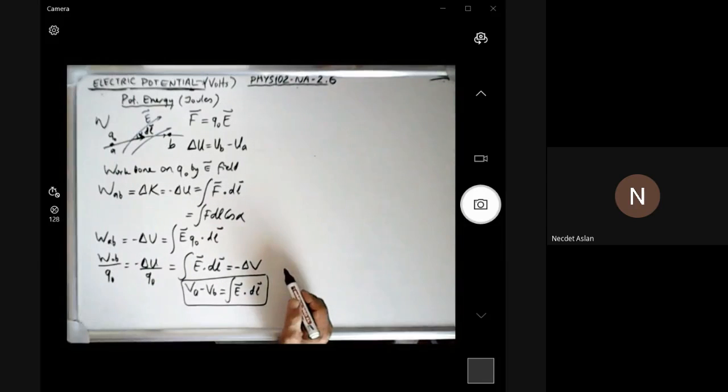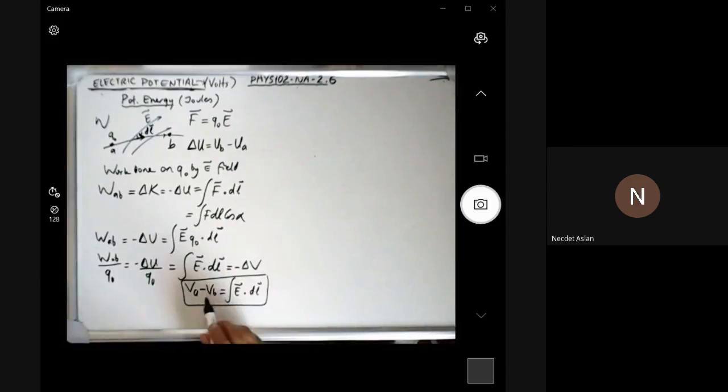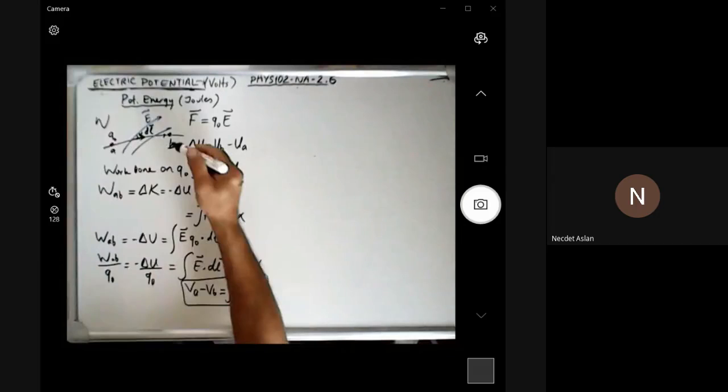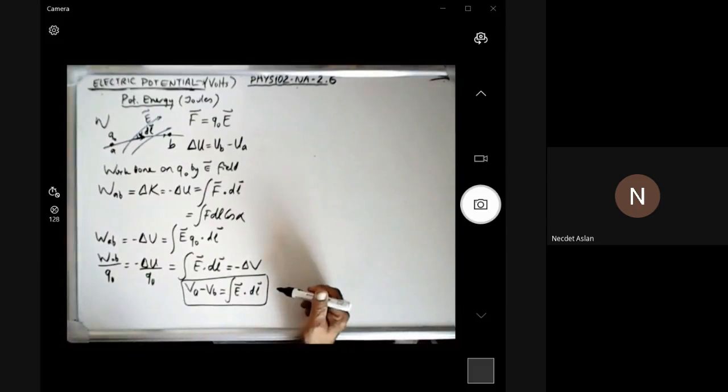This is the expression which shows that if there is a potential difference, then this may be due to the electric field times the distance, because the charge is moving from one potential to another potential. If the two potentials are the same, the charge is not able to move from this point to that point, obviously.